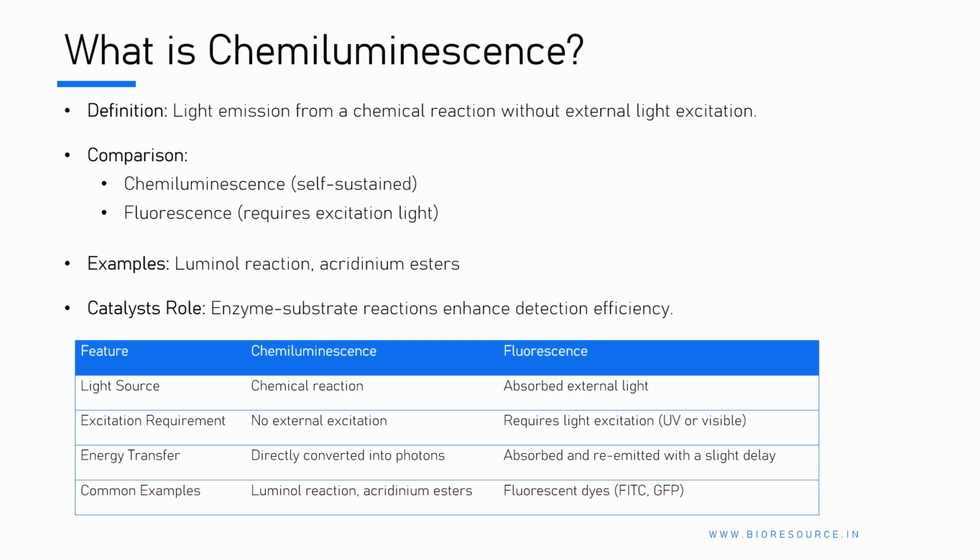ALP, also known as alkaline phosphatase, reacts with chemiluminescent substrates like AMPPD to emit light. These enzyme reactions ensure highly sensitive detection of biomolecules in clinical diagnostics, pharmaceutical research, and food safety. So in CLIA, the chemiluminescent reaction provides high sensitivity, stability, and rapid results, making it an ideal choice for diagnostic applications.